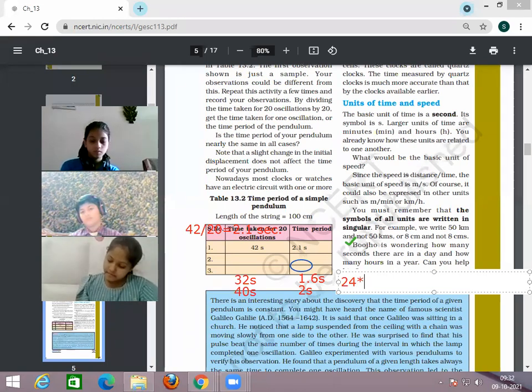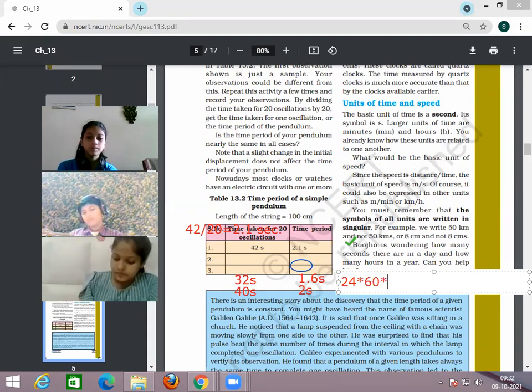First of all, just see how many hours are there in a day? 24 hours. After that, how many minutes are there? 60. And after that, 1 minute में कितने seconds होते हैं? 60 are there.